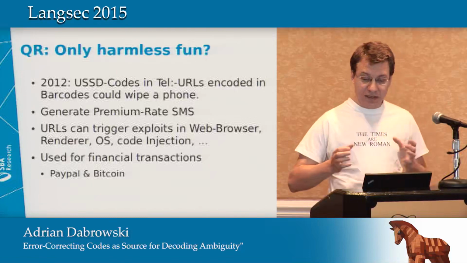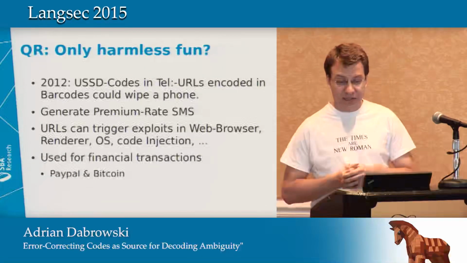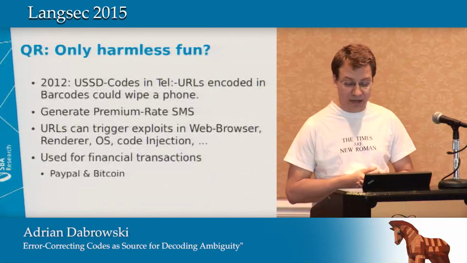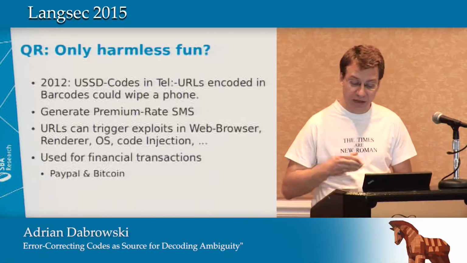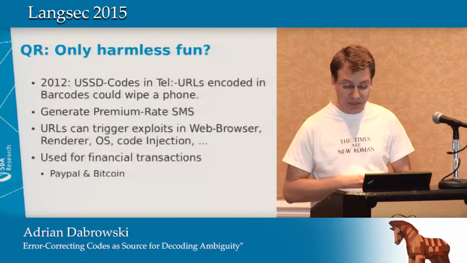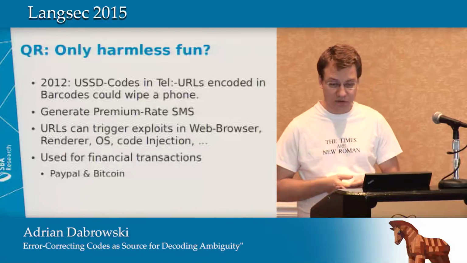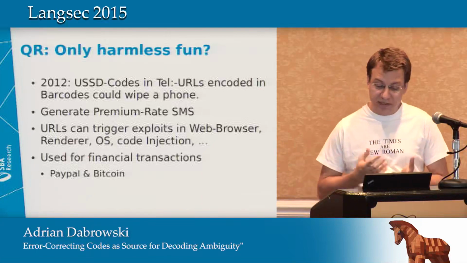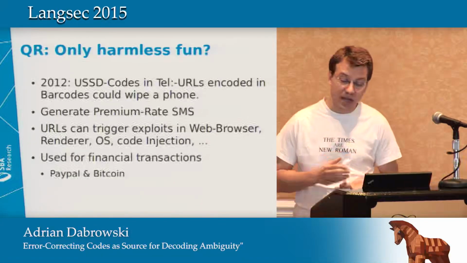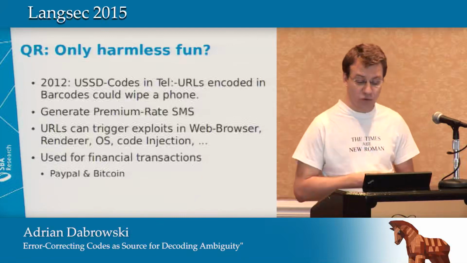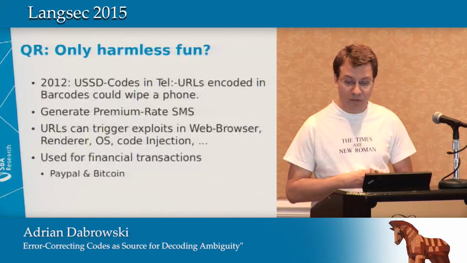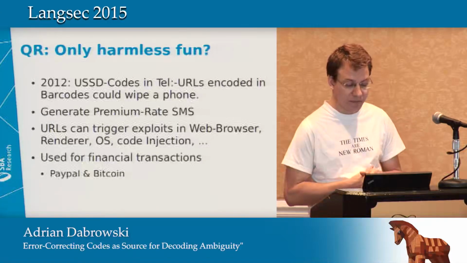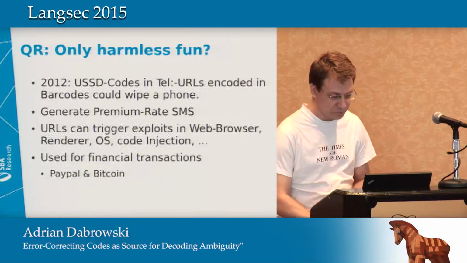With the knowledge that some readers and some phones or some decoders prefer one code or another, I can actually distinguish between different platforms and readers, and then tailor exploits for specific users. Or maybe do just probabilistic exploits, like divert a small number of users to transfer money to a different location, since QR codes are also used, like, by PayPal and Bitcoin.